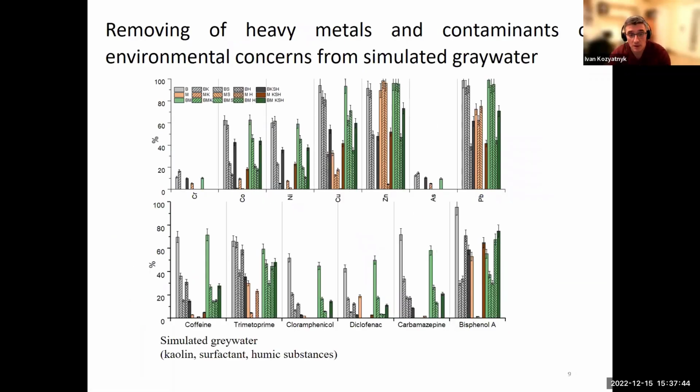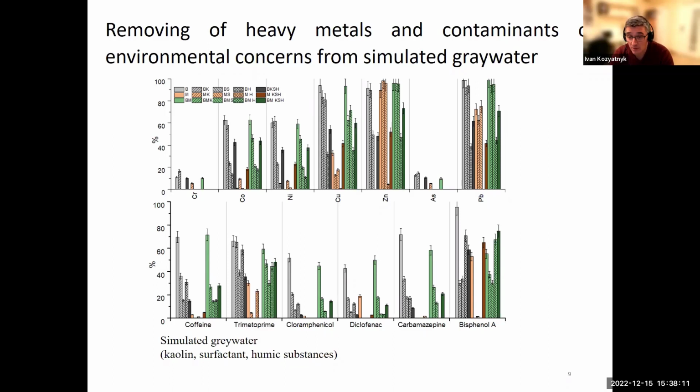But the main goal was to see how it works with gray water. Therefore, we included the necessary components in the simulated gray water, such as humic acids, clay, kaolin, and surfactants. We tested how biochars and Moringa would perform in the presence of these individual components, and simulated gray water by mixing all these components.